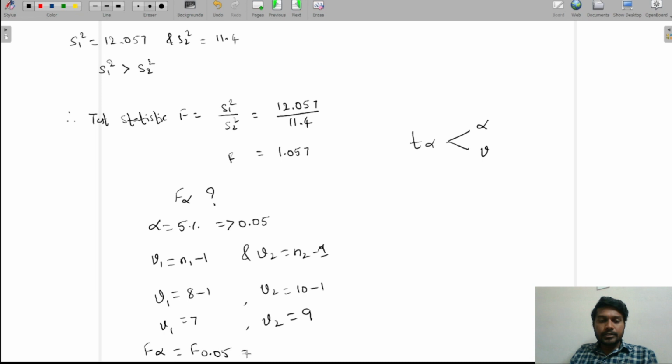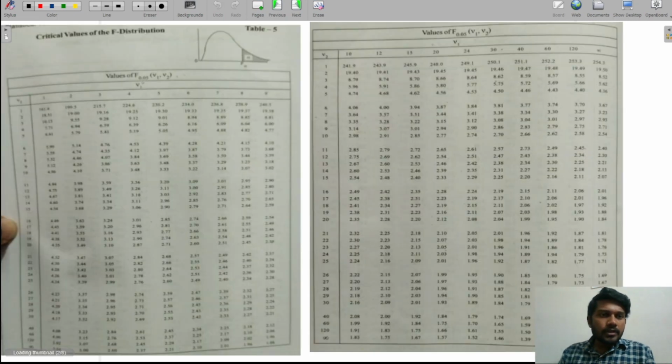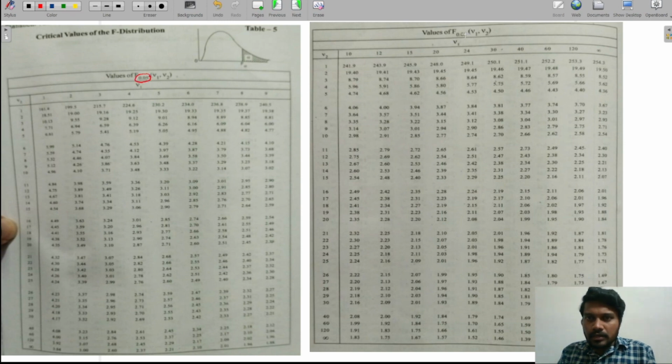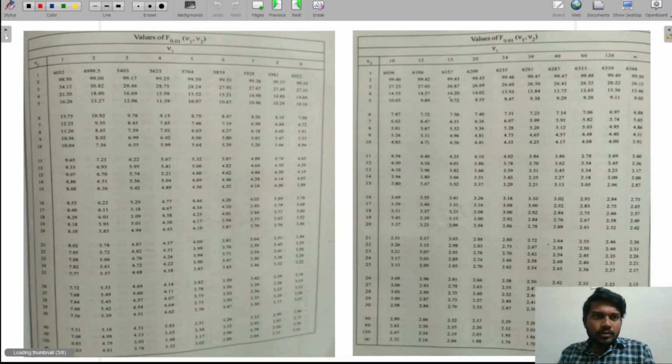So then what will be the value of f alpha at 0.05? Now let's go to the table of this capital F distribution. See here, alpha 0.05, and in this table also alpha value 0.05. Coming to the next one, alpha value 0.01 and here alpha value 0.01.